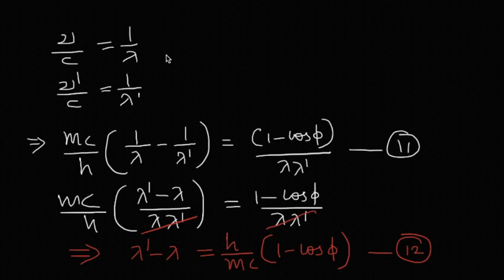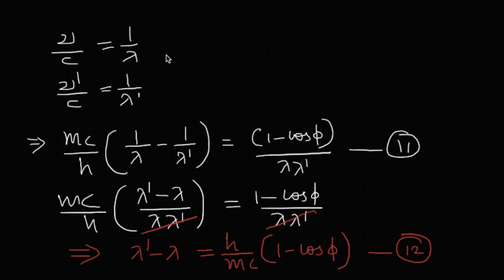So this equation in fact gives us the Compton effect, which tells about the change in wavelength. Remember, lambda means the initial wavelength of the photon and lambda prime is the wavelength of the photon after the collision. So we got lambda prime minus lambda, which can also be written as delta lambda.